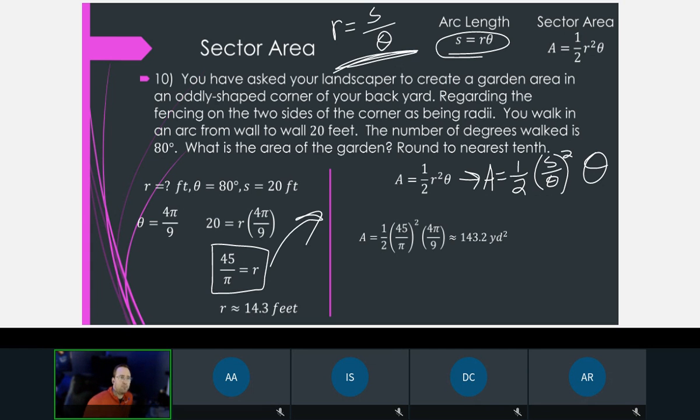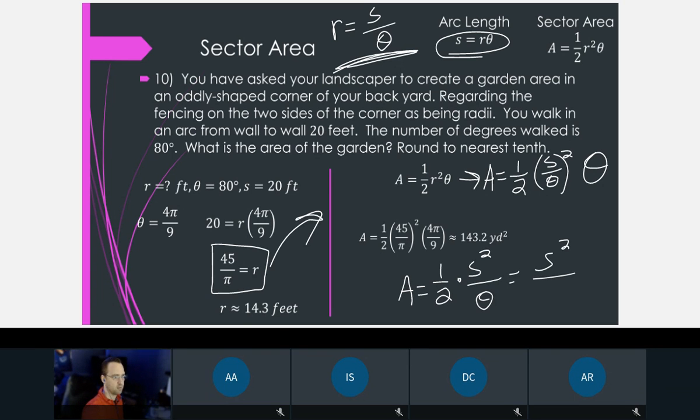Again, we also could have gone one more step in simplifying this formula and said A equals 1/2 times s squared over theta, which is going to be s squared over 2 theta, right?